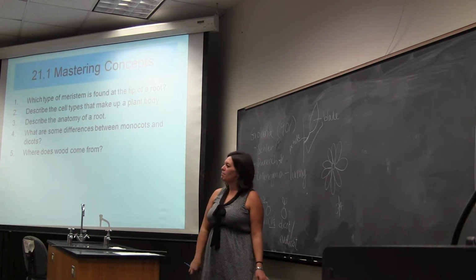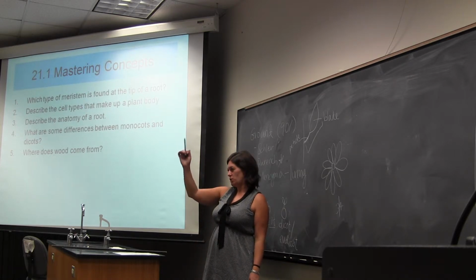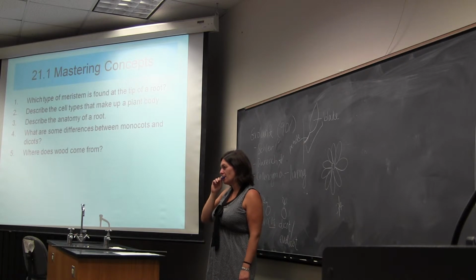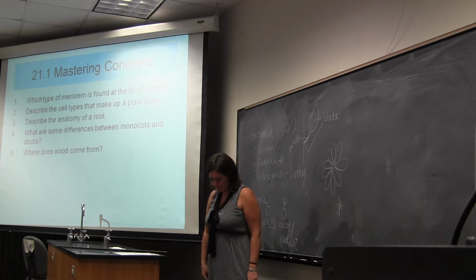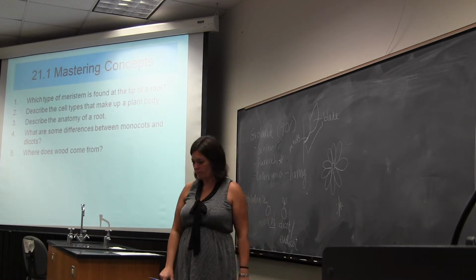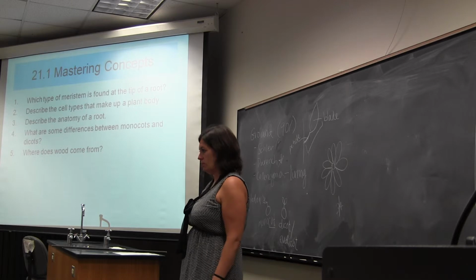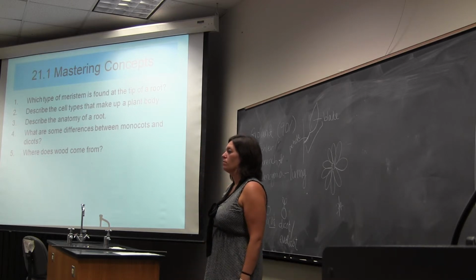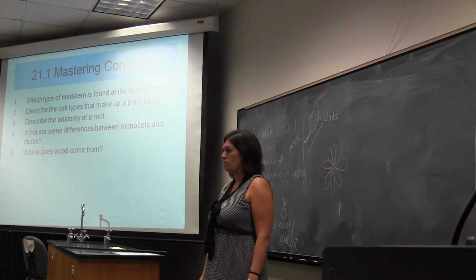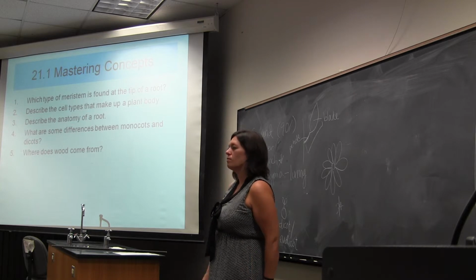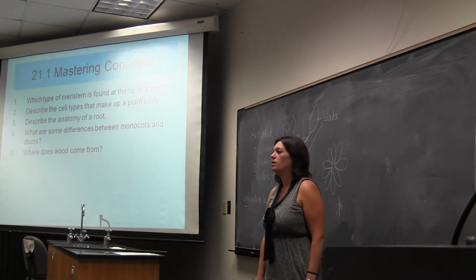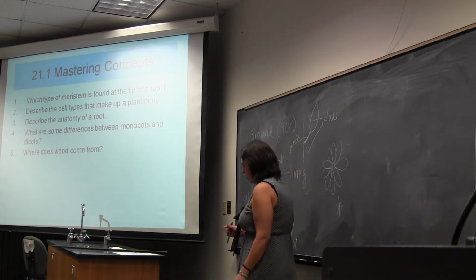Describe the anatomy of a root, Michelle. The apical meristem, and it produces the root cap and the root tissues. Mm-hmm. And then the zones, you've got the cell division, which is your apical meristem and the root cap. And the elongation, which elongates by absorbing water. The maturation, that's where the cells become specialized.